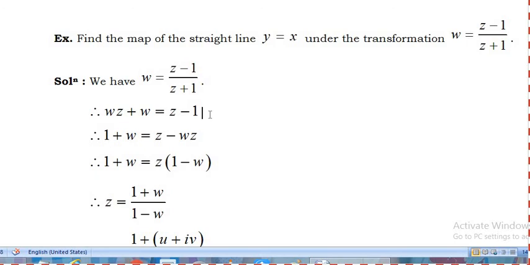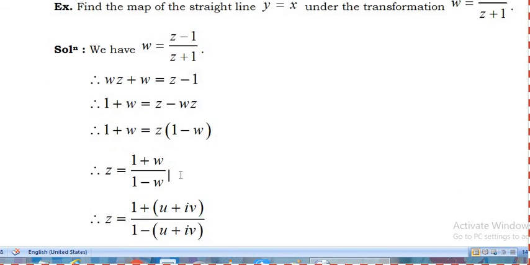Because w is expressed in terms of z and the transformation is given y equal to x, we want z in terms of w. Let us simplify. Therefore, 1 plus w equal to z minus wz. Therefore, 1 plus w equal to z times 1 minus w, and thus z equal to 1 plus w upon 1 minus w.